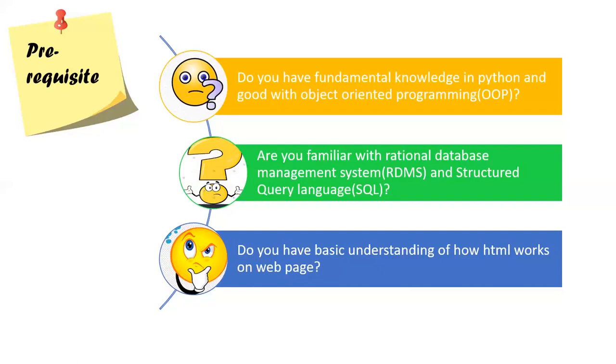Third, do you have a basic understanding of how HTML works on a web page? I'm going to cover some parts while developing the web application. I may not be able to explain every aspect of HTML, but if you want to build your own website, you must be familiar with it.